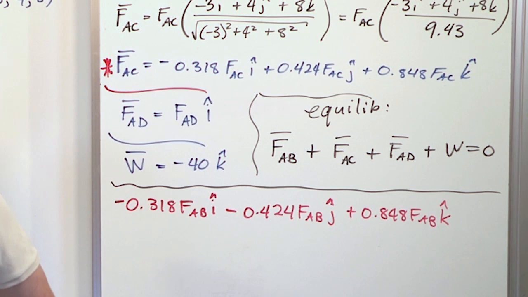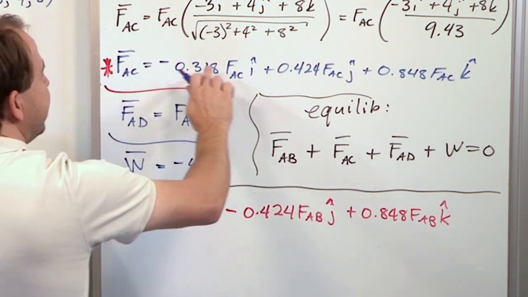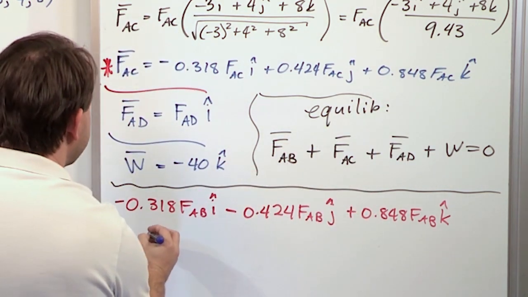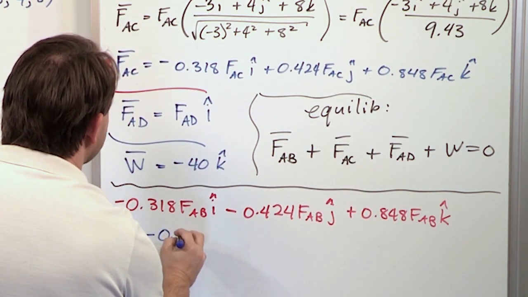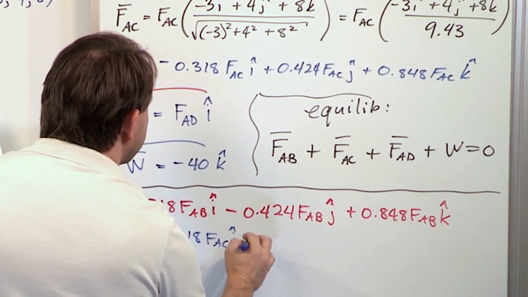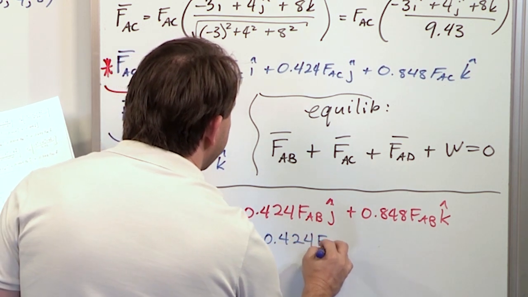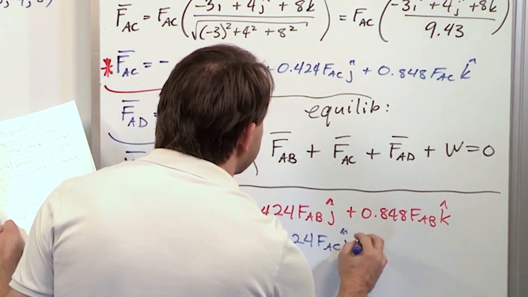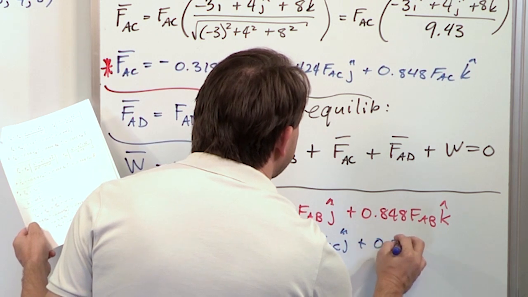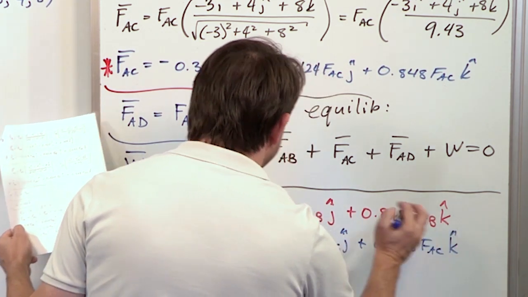And just to prevent your eyes from bleeding with all the red here, that's FAB. We're going to add FAC to that. So we're going to add this whole thing on the next line: minus 0.318 FAC in the I direction plus 0.424 FAC in the J direction plus 0.848 FAC in the K direction.